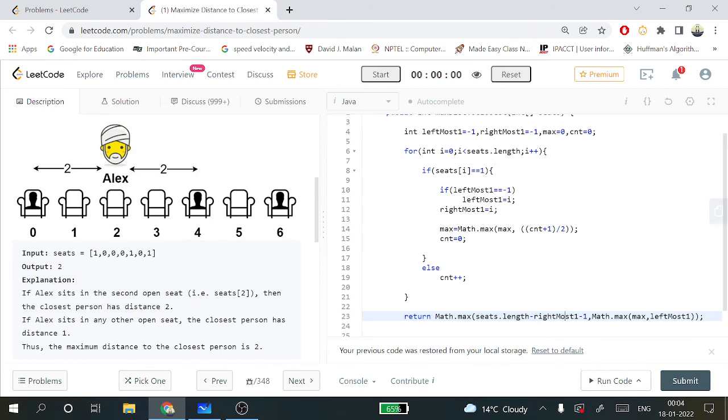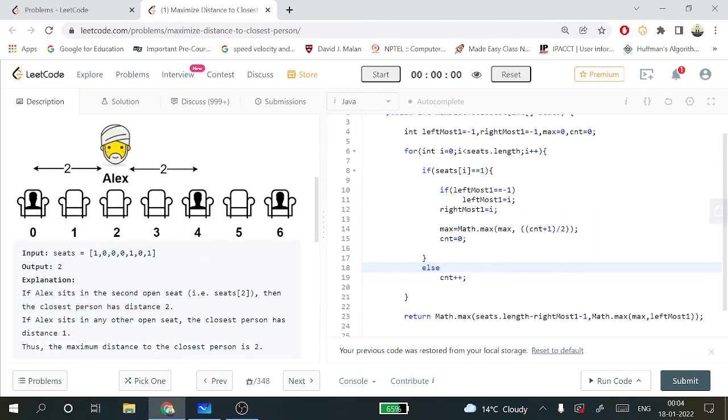For the middle, if the seat is 1, that is, we are at the start of the first one, we will make the count 0, and in between, if we see zeros, we will increase the count, which indicates the number of zeros we are counting.